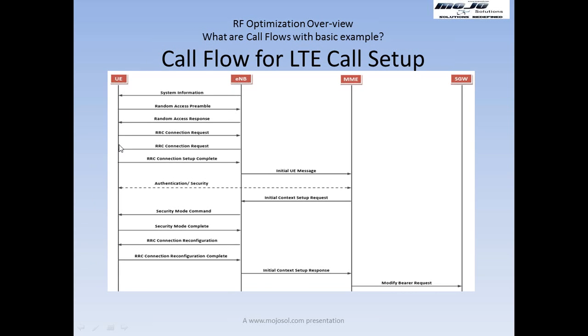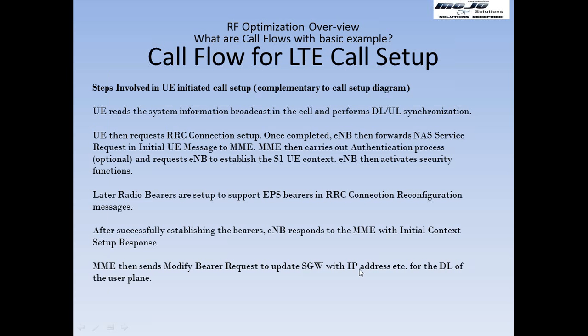So once RACH is established, RRC is granted. The objective of random access is to get RRC. The objective of RRC is to get the RAB, or access bearer, which is a traffic channel.